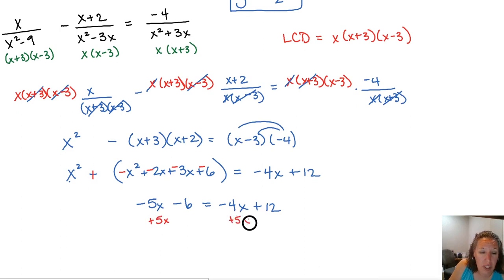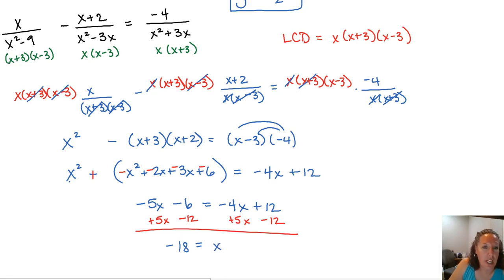It does not matter, you'll end up in the same spot. Either way, we'll have the same two numbers equal to each other, but I like keeping my x positive. And so I'm going to move my constant to the left and my x's to the right. When we do that, we're going to end up with negative 18 on the left and x on the right.